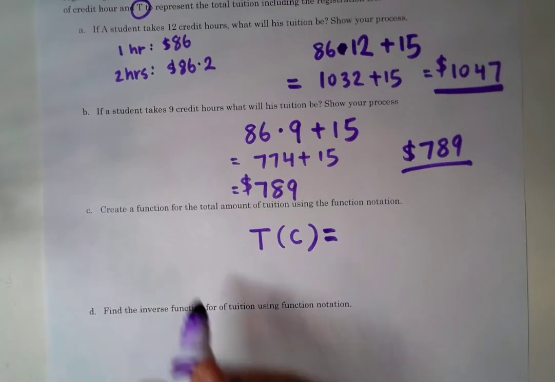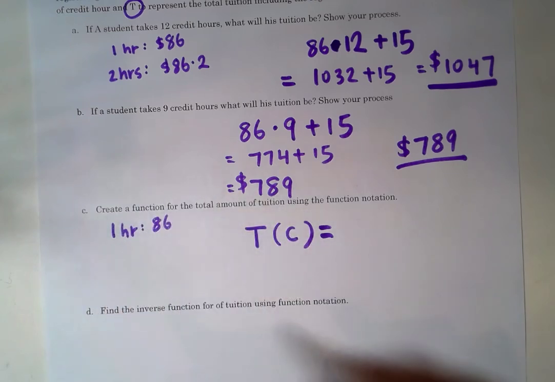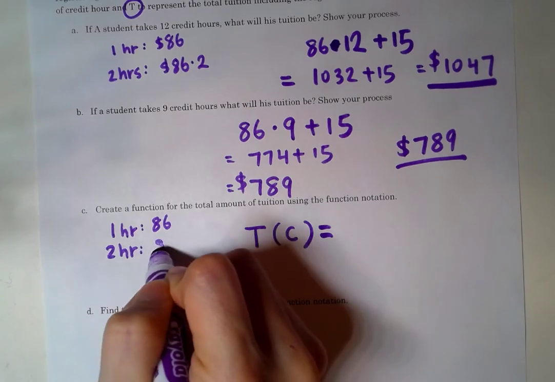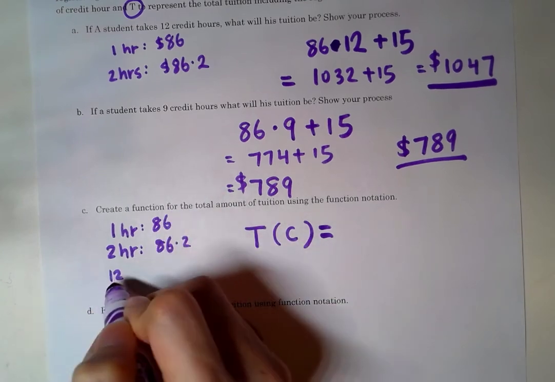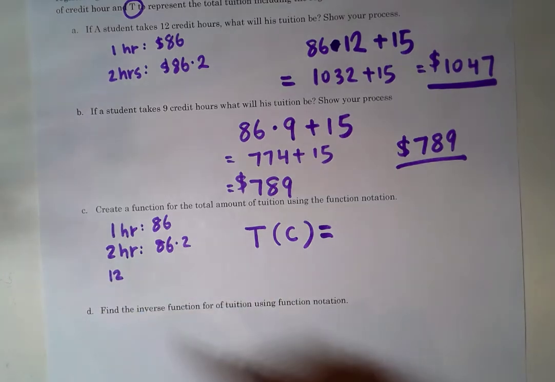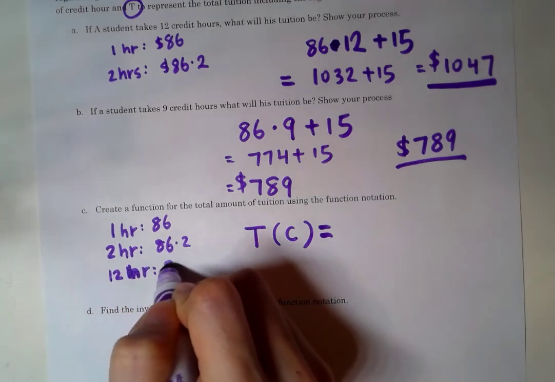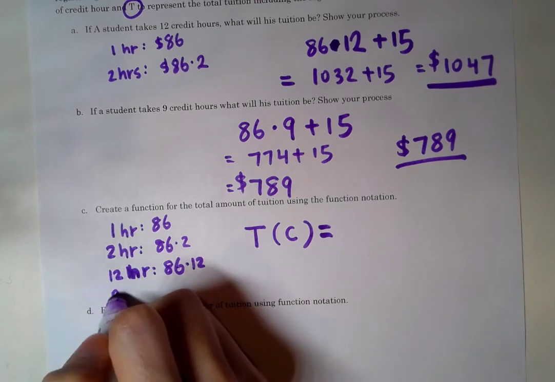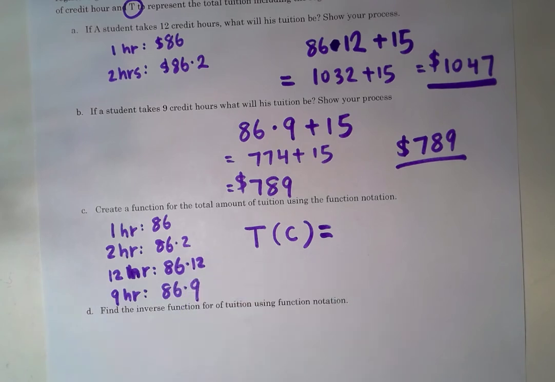Look at this. We started here: 1 hour, then $86. 2 hours, you multiply by 2, so 86 times 2. For 12 hours, we got the tuition except the registration fee by doing 86 times 12. For 9 hours, we did 86 times 9.